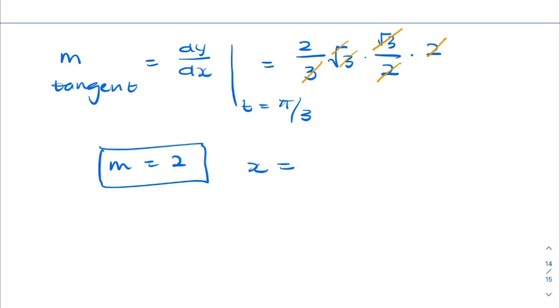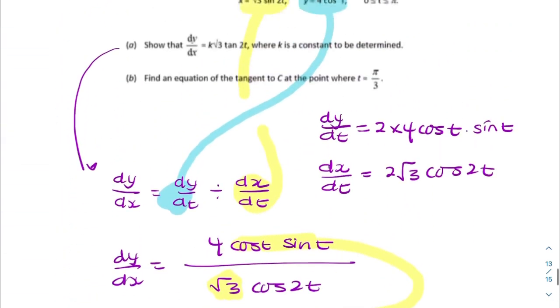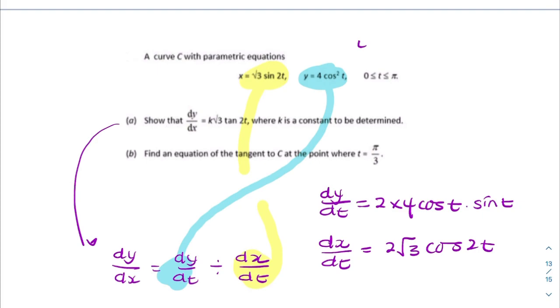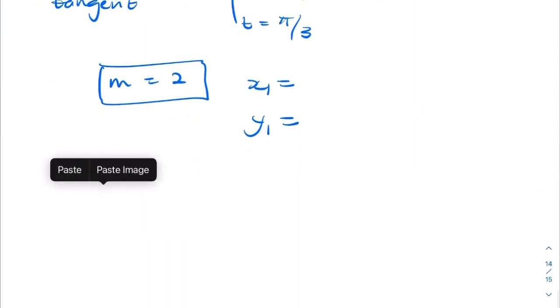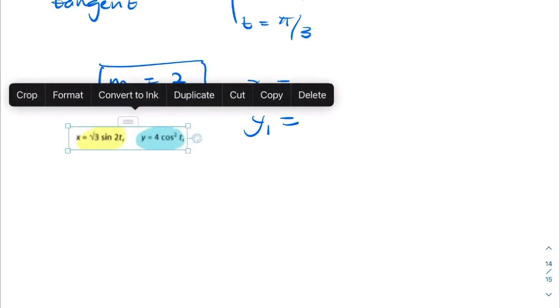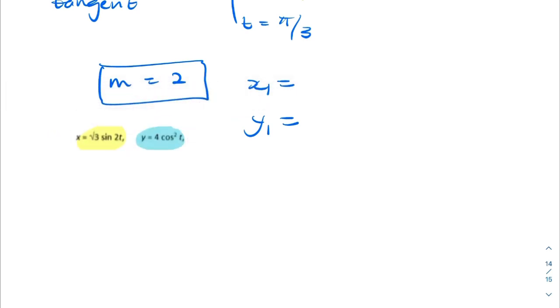We still need to find x and y. Let's call it x1 and y1. So we'd get those from our question. So x is root 3 times sine 2t. 2 times pi over 3 is 2 pi over 3.